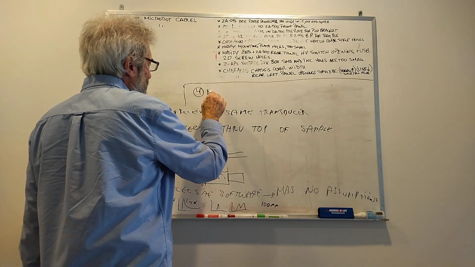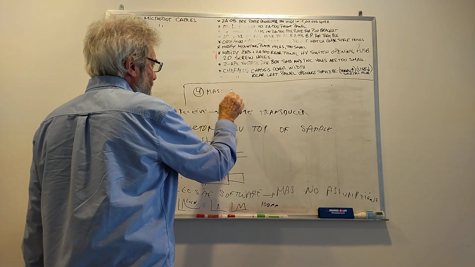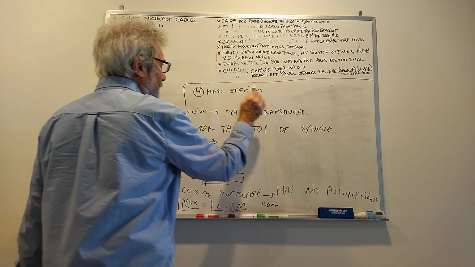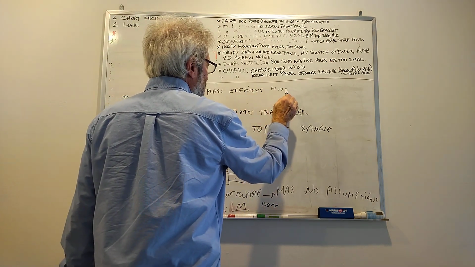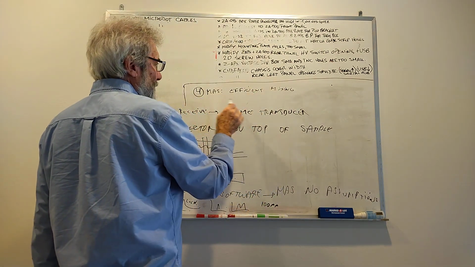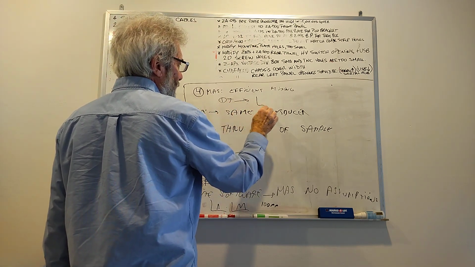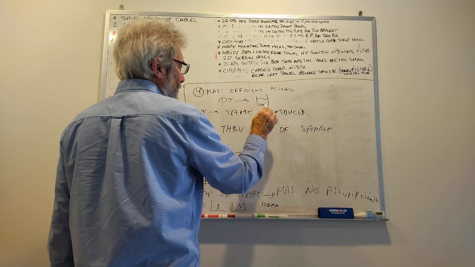So mass has an efficient sample mixing. The DT sample cell uses a magnetic stirrer bar.